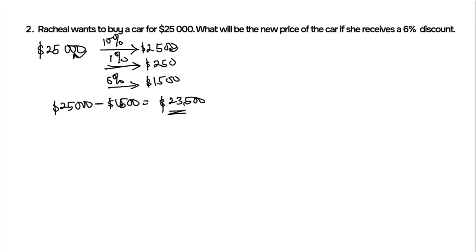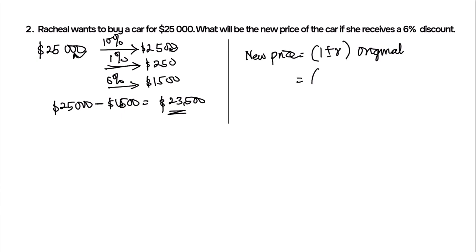But for me to use my formula, I don't want to stress things too much. I can just say the new price, don't forget, is equal to 1 plus or minus R of the original price. For the new price, this one is talking about 100%, which should be 1 minus the discount. I'm subtracting 6%, which is 0.06 in decimal, times $25,000.